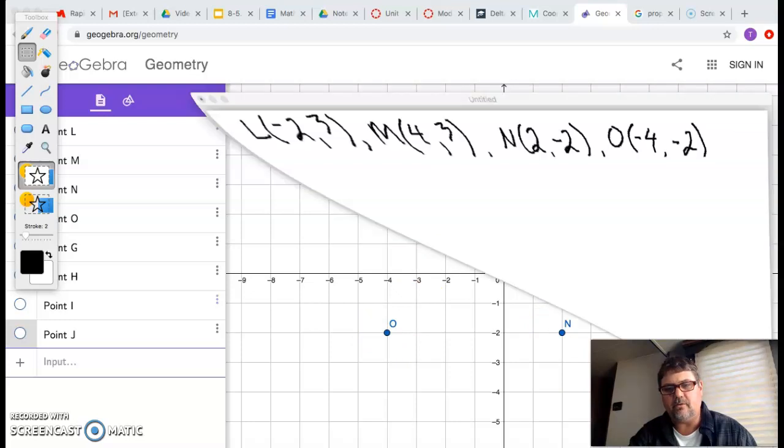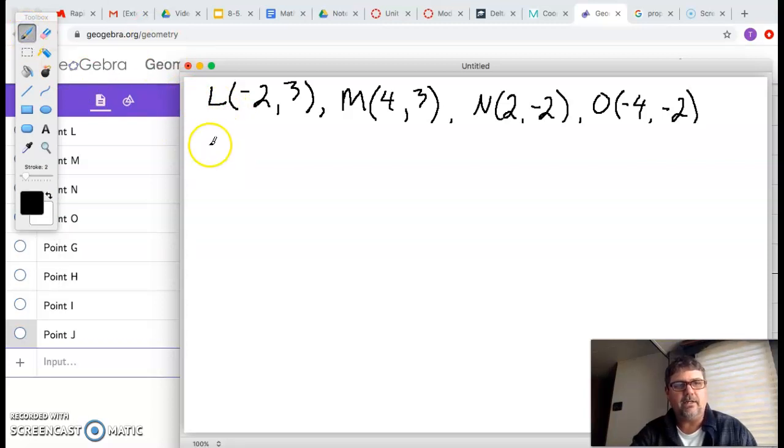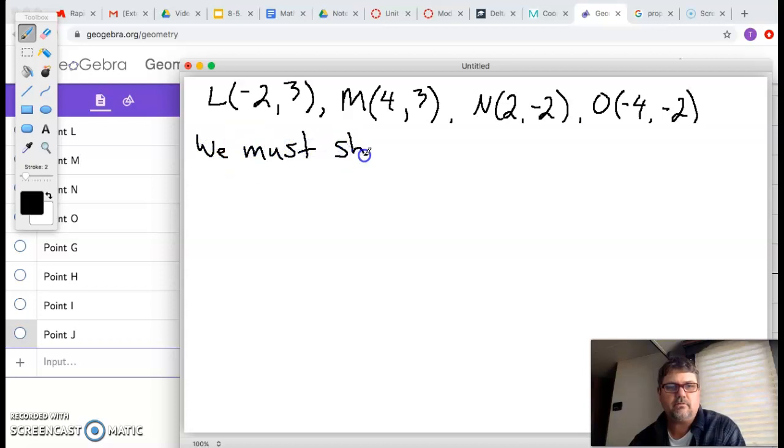Okay, so I've already written my coordinates down where I can see them and I can work with this. And basically we're going to find the slopes of each one. But if you're going to write a proof, this might be a good time for us to practice that anyway. I like to state what we're trying to show first. So I'm going to say we must show. All right, what are we going to show?